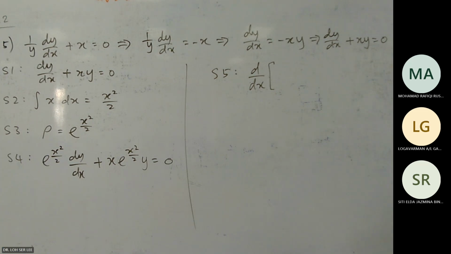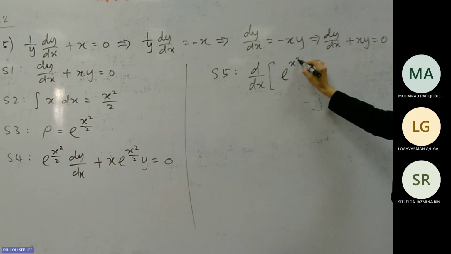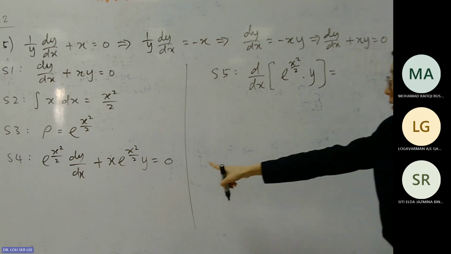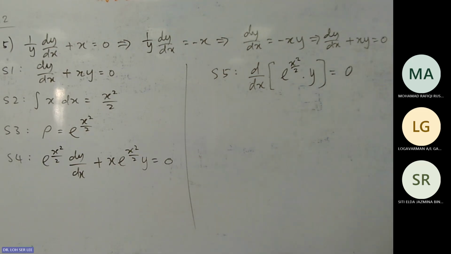Okay. What do you have in the bracket? x squared over 2 times y. So right hand side is 0.